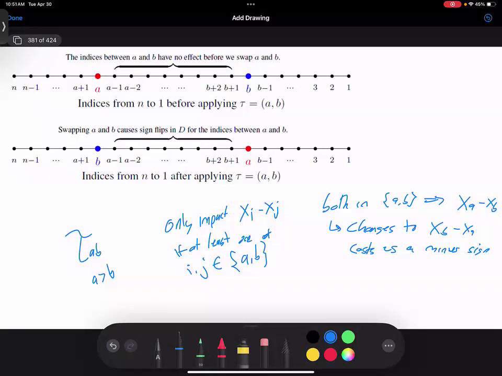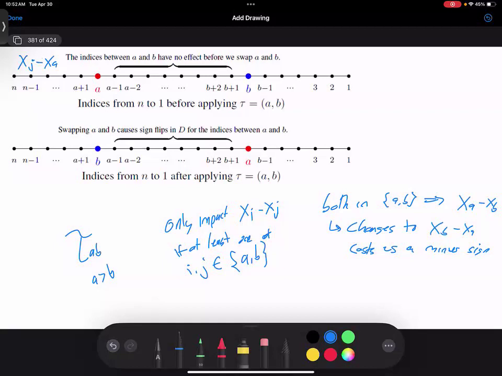And now we can look at what happens in general. So if I have xa minus xj, or xj minus xa, with j greater than a. If I move a down to b, so again, my largest number is on the left, my smallest number is on the right.